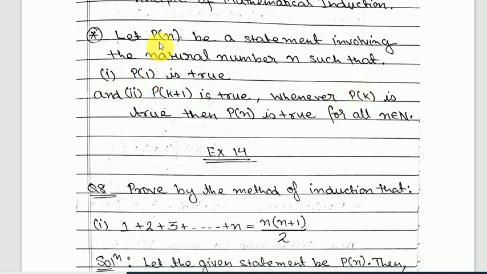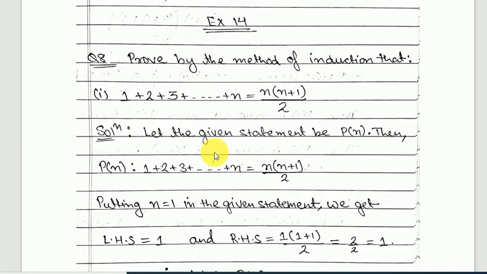So let Pn be a statement involving the natural number n such that the statement is true for natural number 1, and the statement is true for k plus 1 whenever the statement is true for the natural number k.